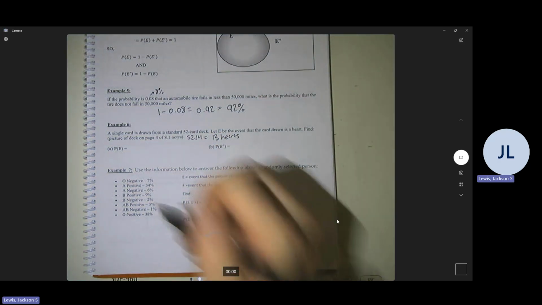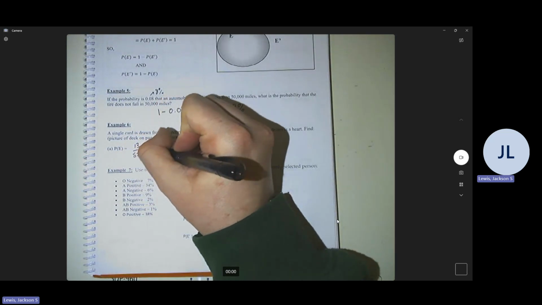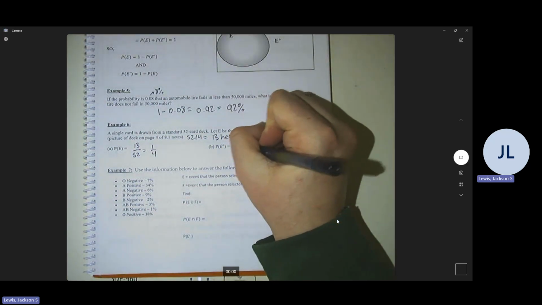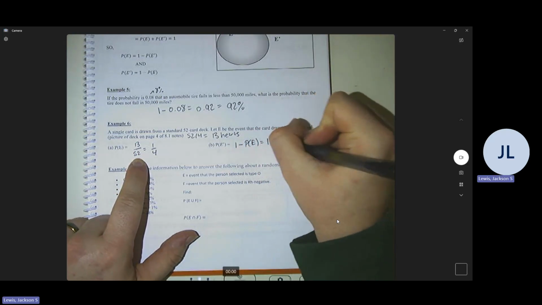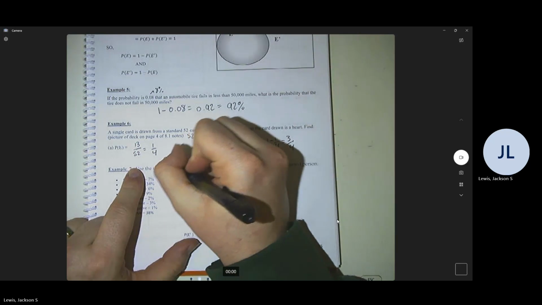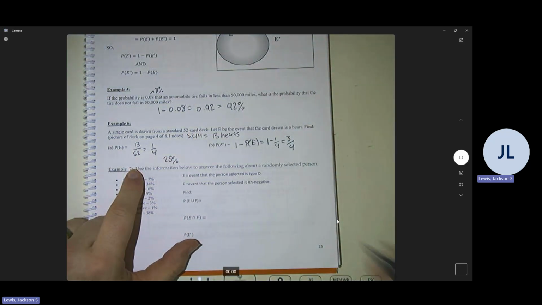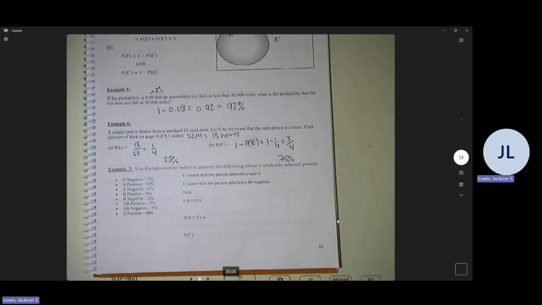So the probability of it being a heart is 13 in 52, which is 1 in 4. So what's the probability that it's not a heart? It's just going to be 1 minus the probability that it was a heart, which is 1 minus 1/4, which is 3/4. So 25% chance I'm getting a heart, 75% chance I'm not getting a heart. We cool with that? Cool, cool.